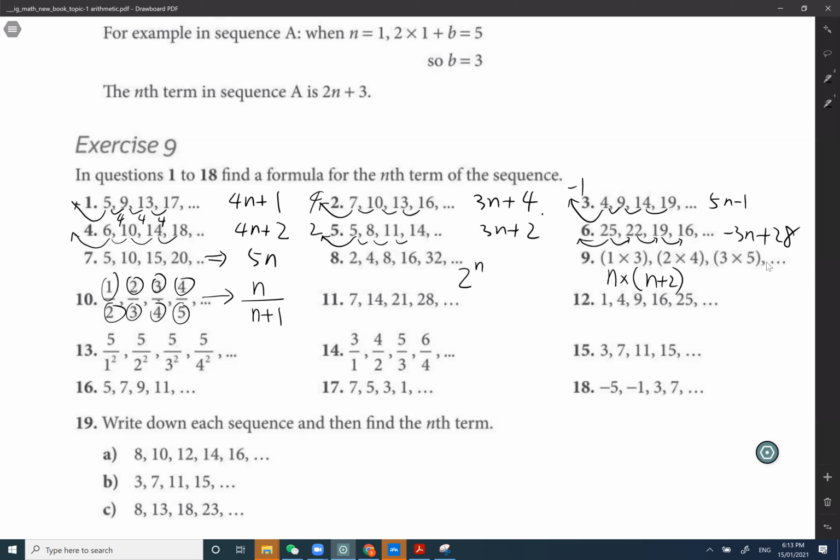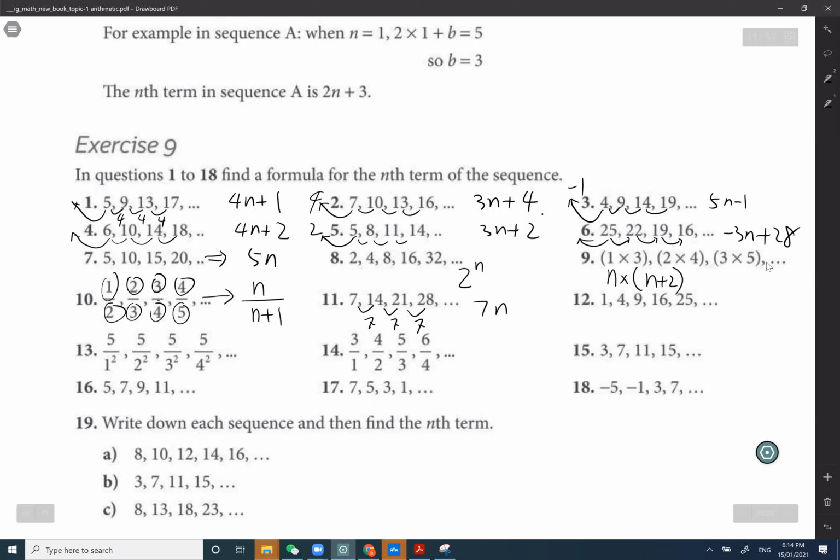Jacob, number 11. Oh, Jacob cannot talk. Nicole, number 11. 3n, 3 to the power n. 7, 7, 7. 7n.